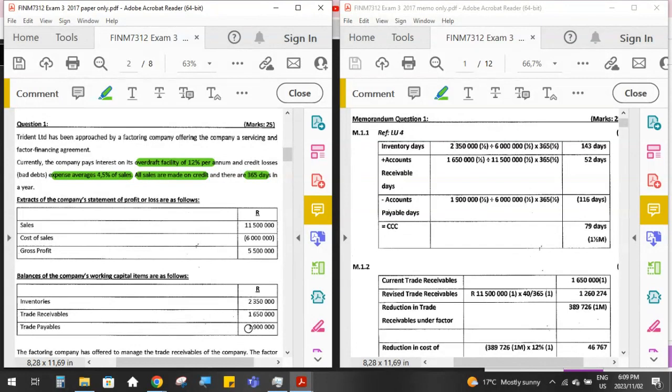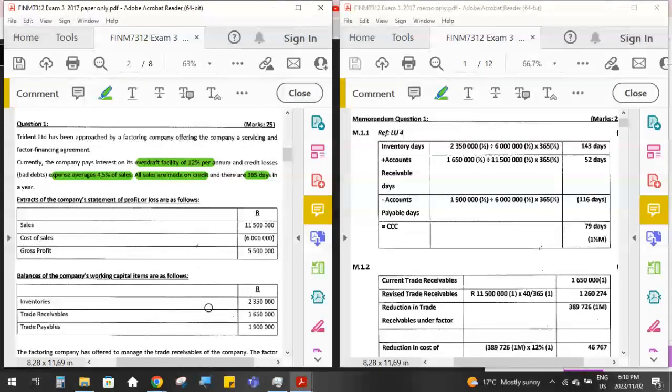If they only give you 1 year, then in your formulas, because you know in our formulas for calculating ID and ARD and APD, we are supposed to use the average of inventories and trade receivables, etc. If they've only given you one amount, then you use this amount. You obviously can't calculate an average if they haven't given you 2 years worth of information.